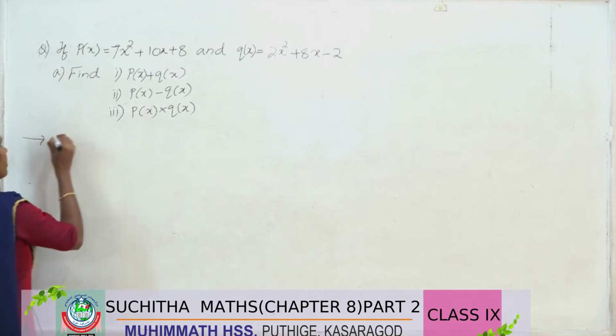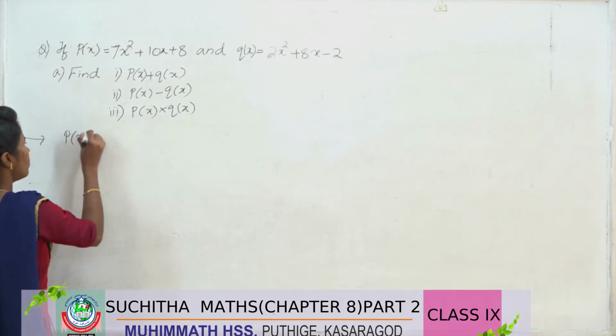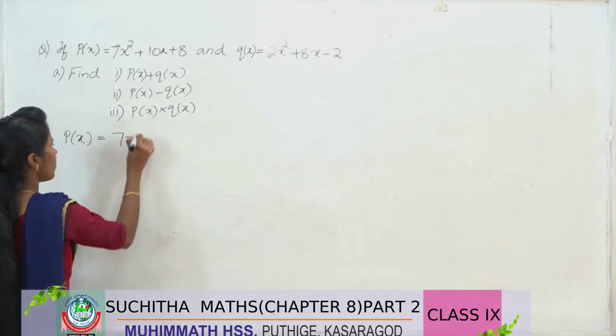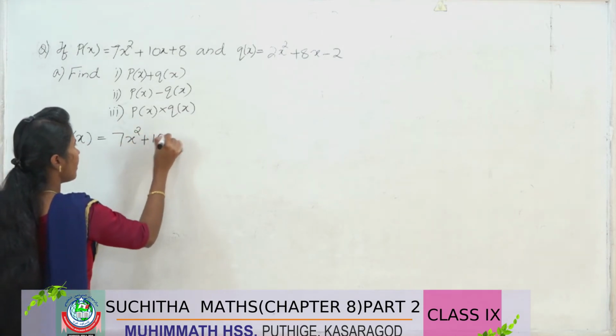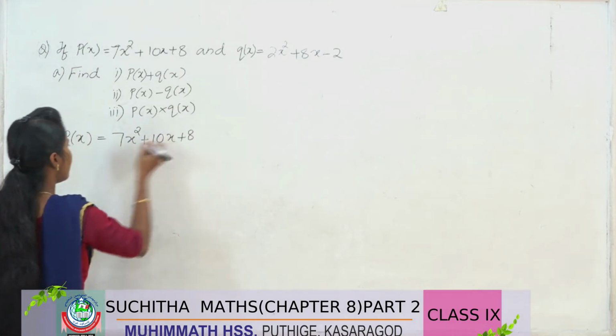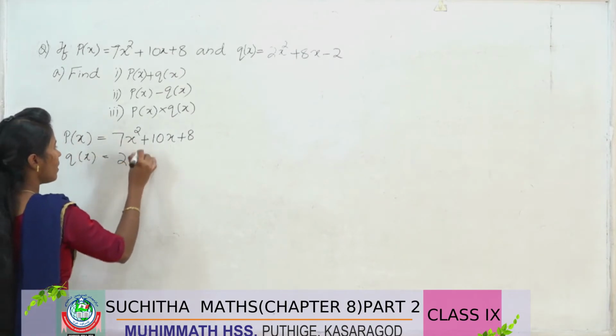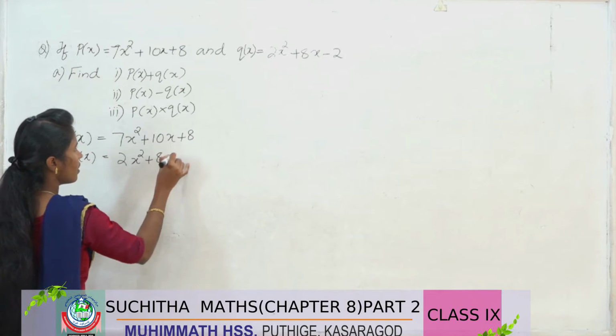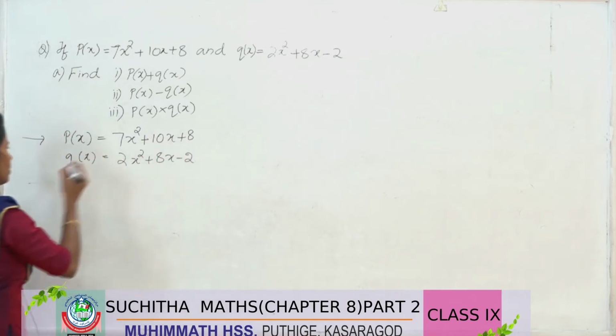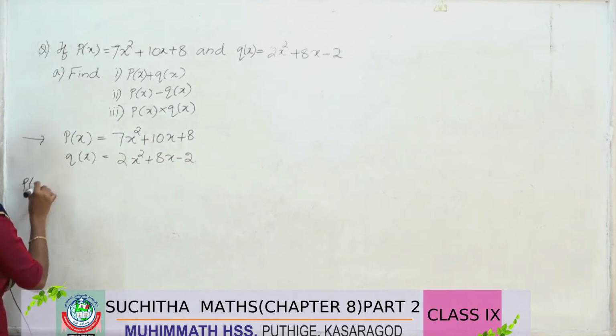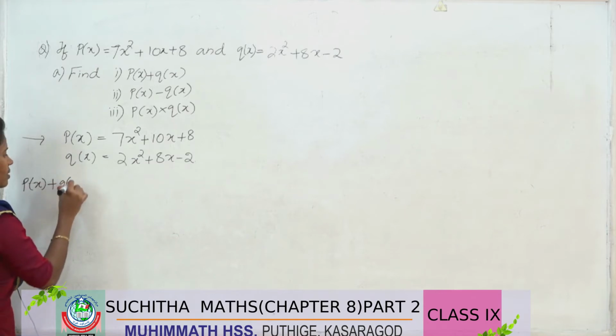So given P of x equal to 7x square plus 10x plus 8 and Q of x equal to 2x square plus 8x minus 2. So we have to find P of x plus Q of x.